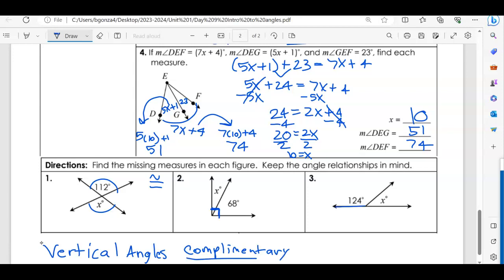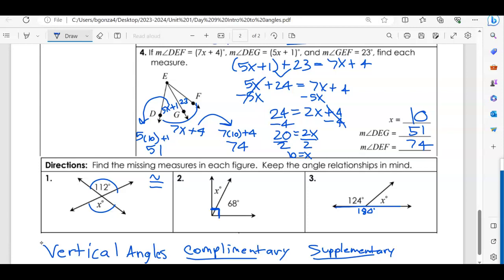And then 3, if they make a straight line, which is 180 degrees, that is supplementary. They have a supplement that adds up to 180, sorry.